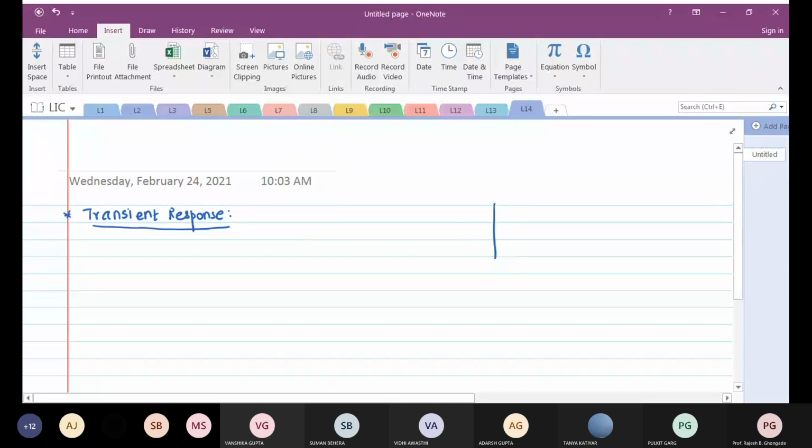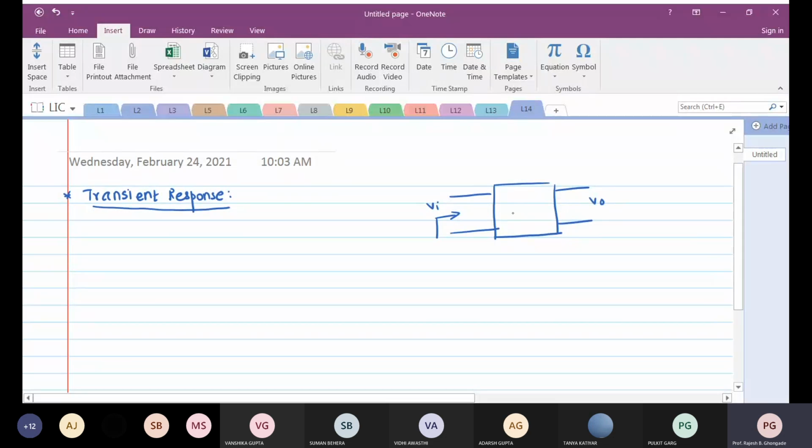Whenever you have a circuit like this and you apply a stimuli, okay? So this is your input, this is your output. We'll concentrate only on the voltage stimuli, okay?